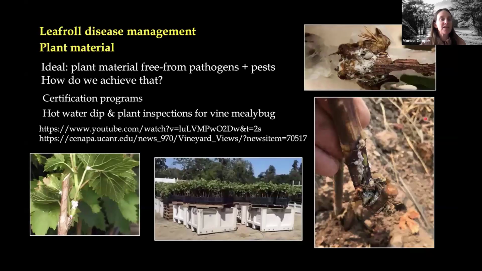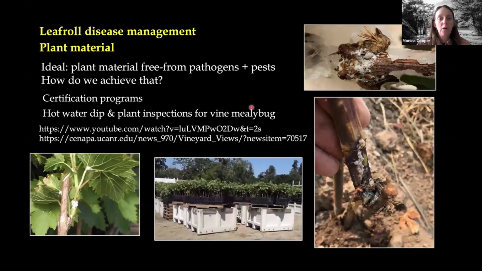From a plant material standpoint, ideally we would have plant material that is absolutely free from all pathogens and pests. I don't know that we achieve that, but we do our best, and we do that through certification programs that are joint programs between regulators, the nursery industry, and the growers or the people who are buying the plant material.